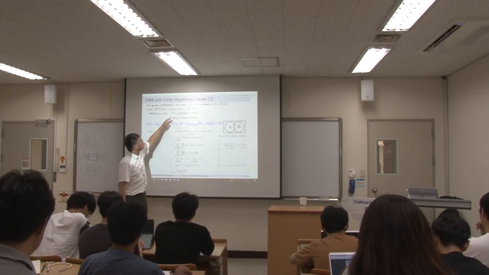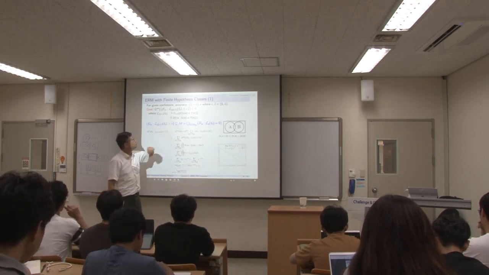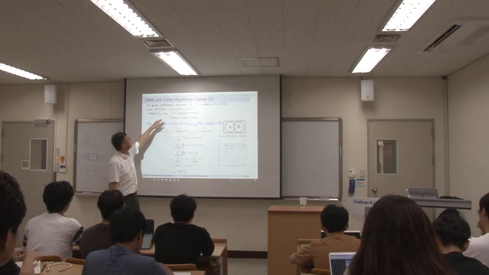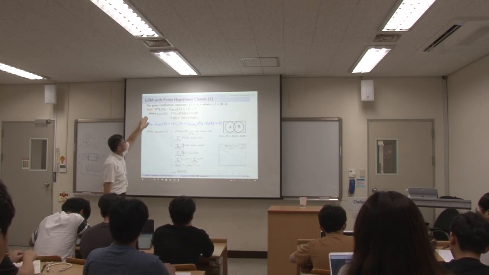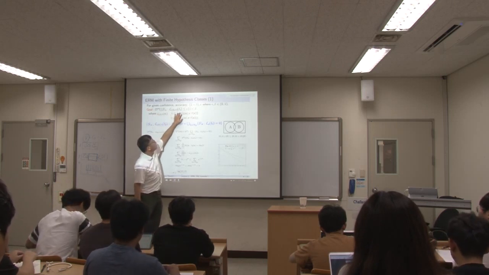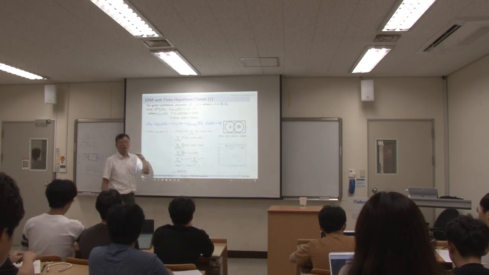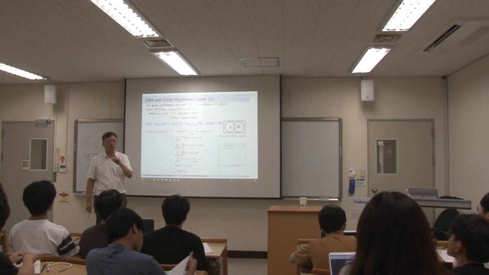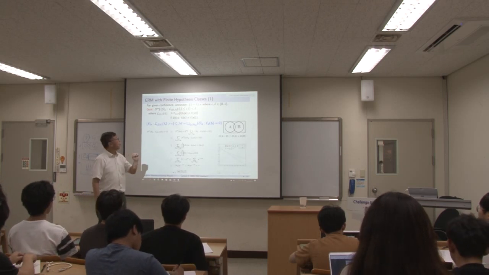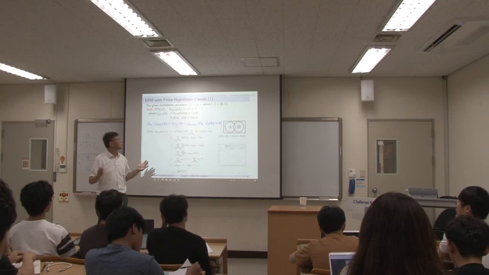So now, given the accuracy, 1 minus delta, confidence and accuracy, okay? And our goal is to do this. The probability of the test loss being greater than epsilon, I want that to be less than delta.